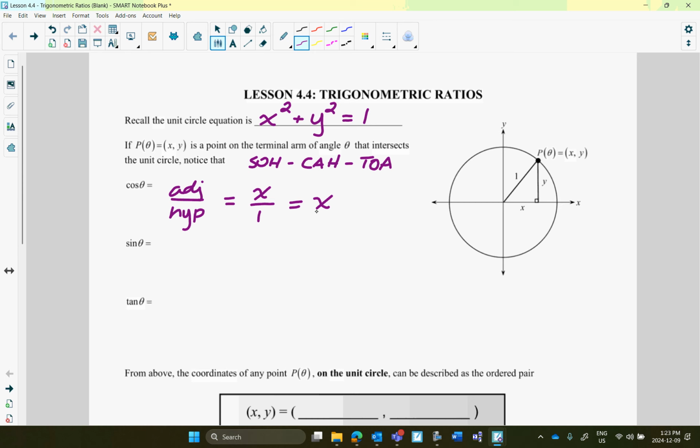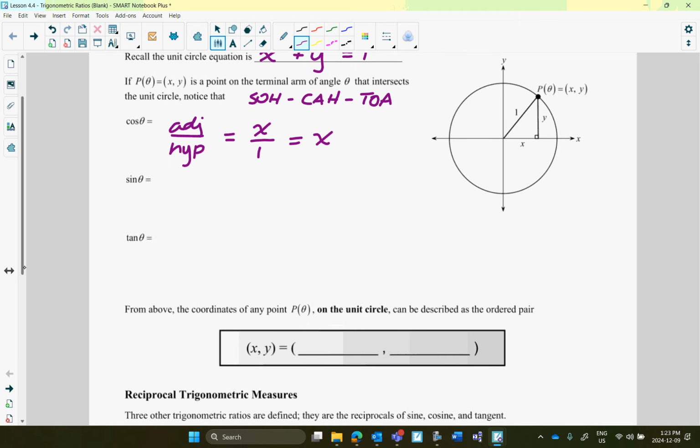To find the sine of an angle, opposite over hypotenuse. Well, the opposite side on this triangle on the unit circle is y. The hypotenuse is still 1, so the sine of the angle will simply be the y coordinate.